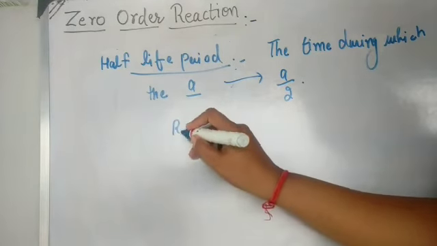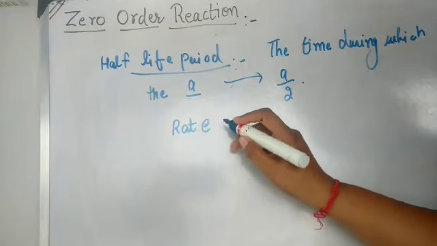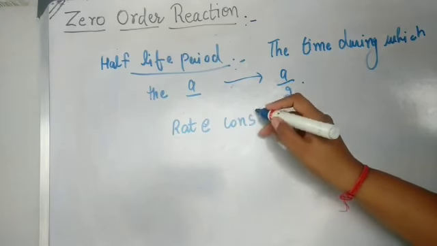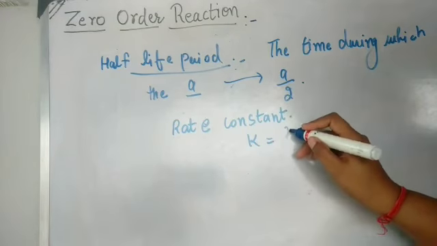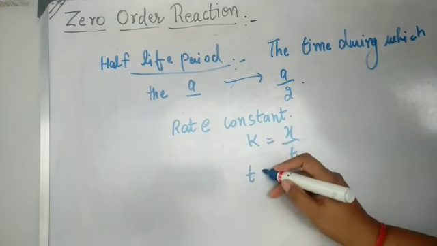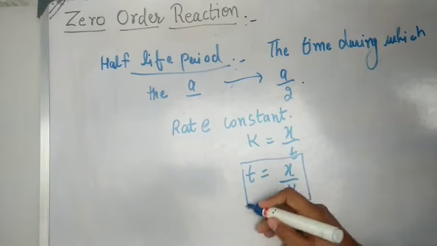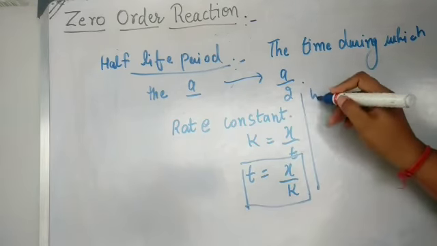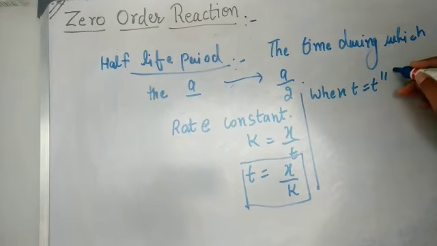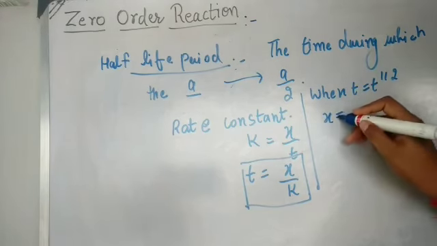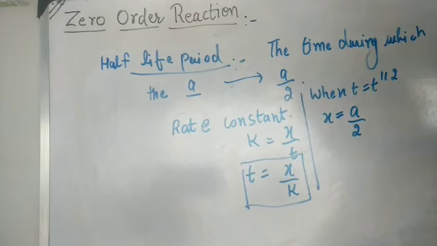Now if we want to calculate this half-life period, first I am writing the expression for rate constant, that we have already done. That is your K is equal to x by T, or T is equal to x by K, right, in terms of time. Now we need that half-life time. So when T is equal to T half, then obviously your product concentration will also be half of the initial concentration.